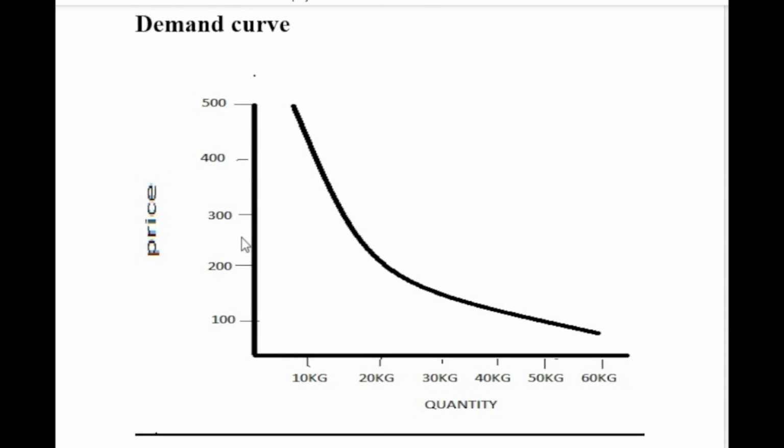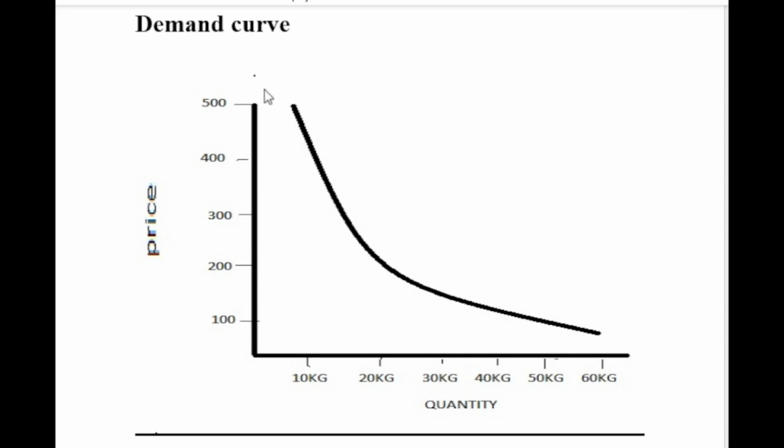So, demand curve. This is the demand curve, and here we have made a graphical representation of the relationship between quantity and price. On the axis we have quantity. Suppose the price of 10 kg of apples is 100, then 60 kg is demanded. When the price rises to 200, the quantity demanded diminishes, like 20 kg or 30 kg.